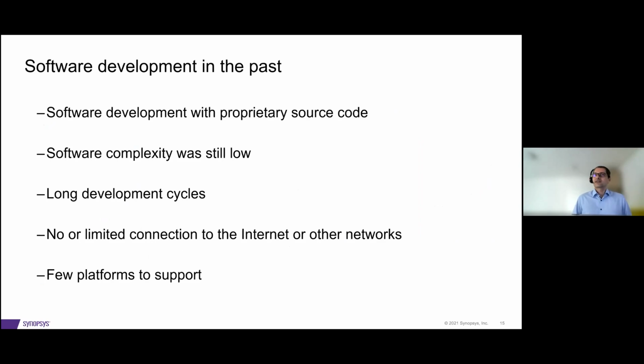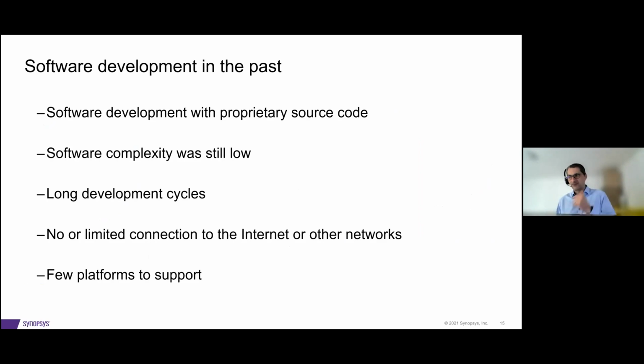The problem is, as I feel, that we are still hanging on the old model of development. We are still thinking that our software is like it was in the past, right? But if we think about it, in the past, we did not use so much open source. In the past, we did not use network connections so much.